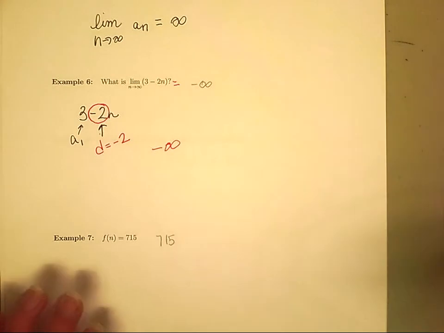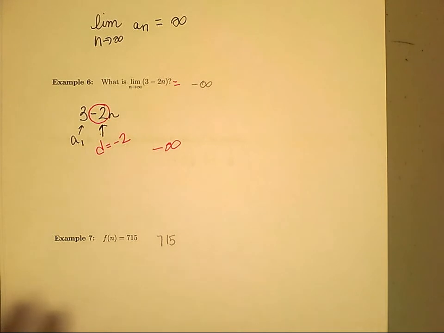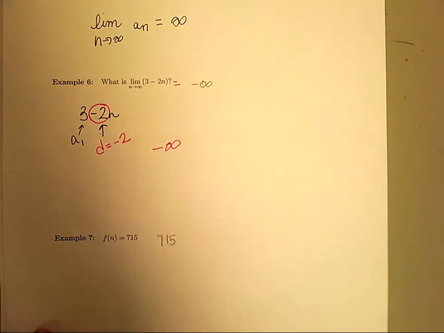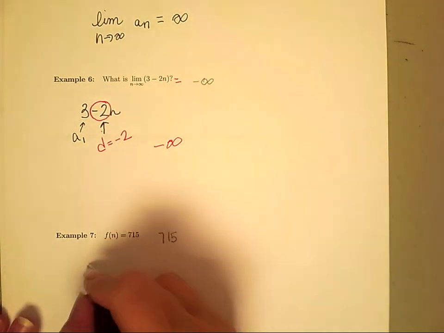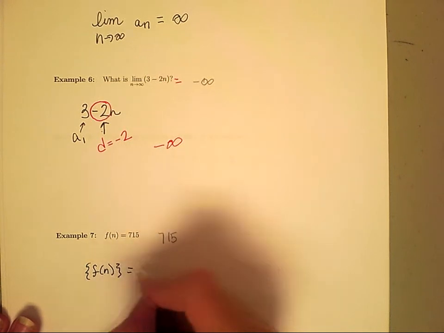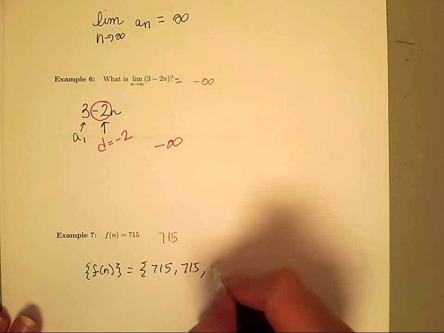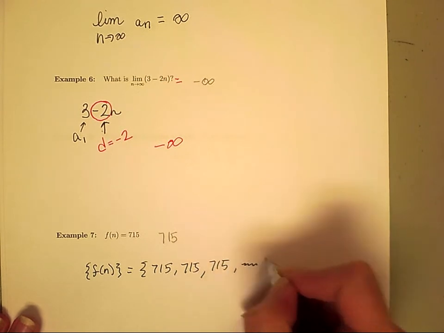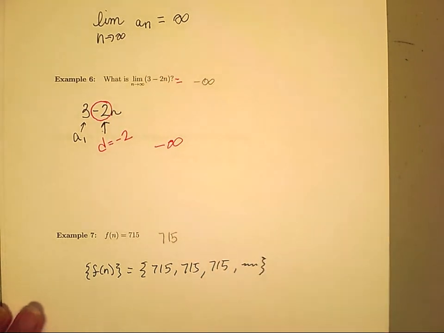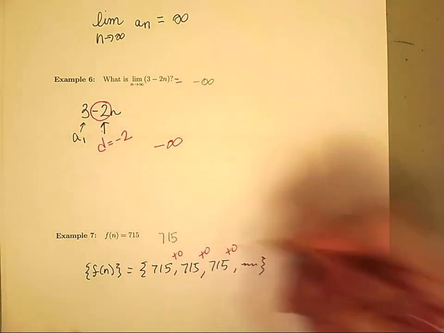And this third one illustrates where d is equal to 0. Here, this is just the constant sequence. f of n is just equal to 715, 715, 715, etc. It is arithmetic, because the common difference here is just 0. I'm just going to add 0, add 0, add 0.